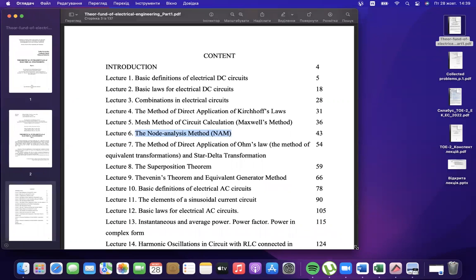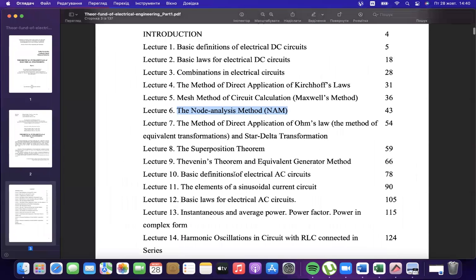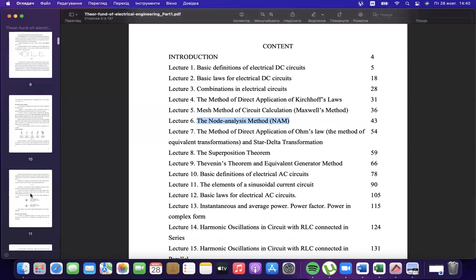Then let's see the nodal method. Why is it called nodal? Because we have nodes as a connection of a couple of branches.